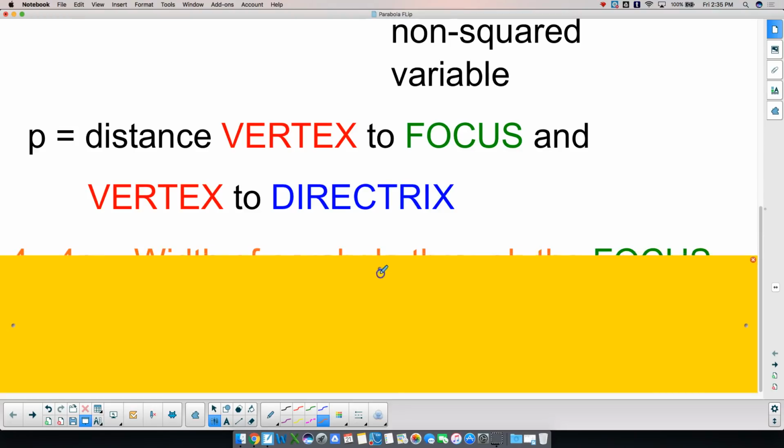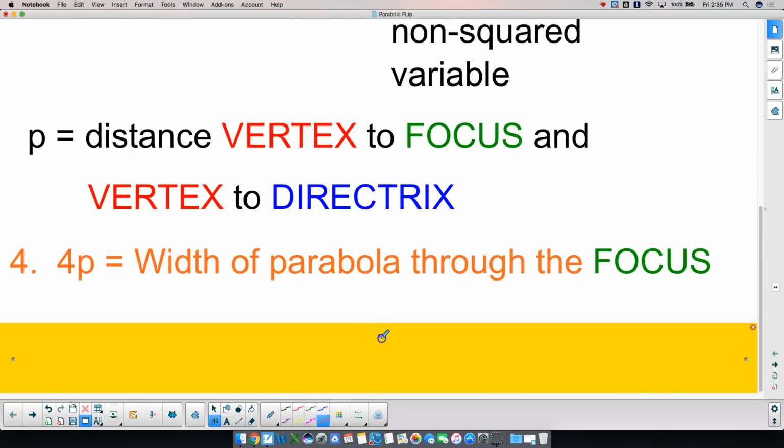Okay? So that 4p number comes into play again in our next step. In our next step, that is going to give us the width of our parabola through the focus. So far up through these first 4 steps, we found which way it opens, then we found where the vertex is, then because we found p, we found where the focus is, we found where the directrix is, and then in step number 4, we find how wide our parabola goes.